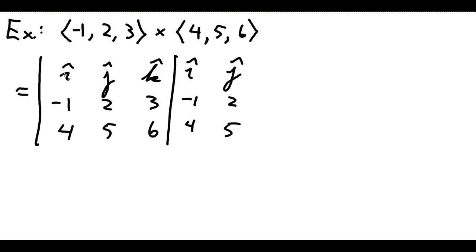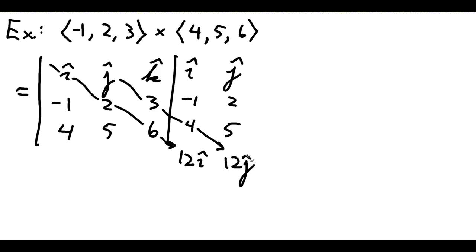And now we consider these forward diagonals, right? We have i times 2 times 6, that is 12i. We have j times 3 times 4, that is 12j. We have k times negative 1 times 5, that is negative 5k.